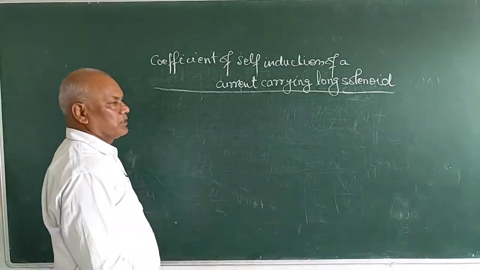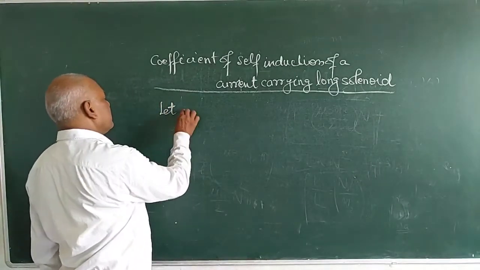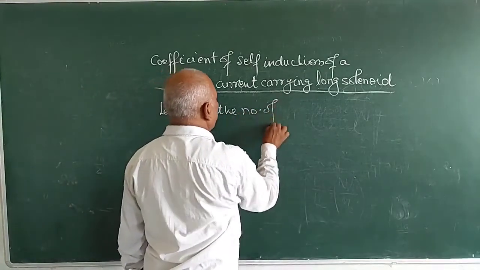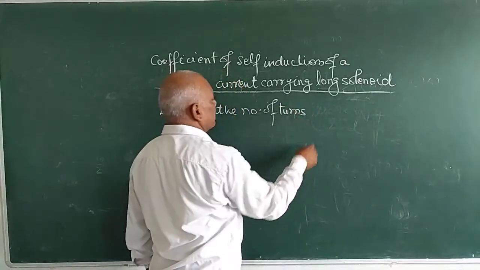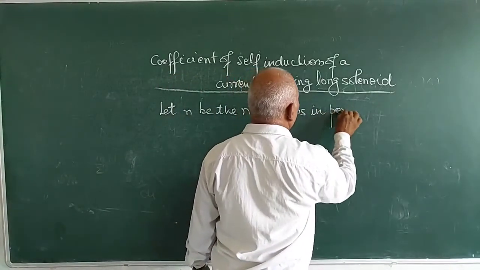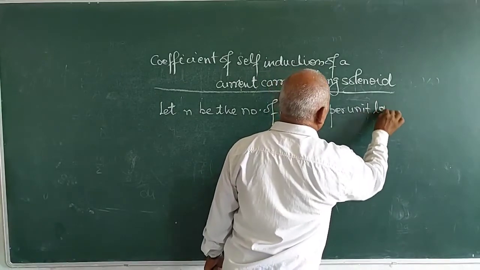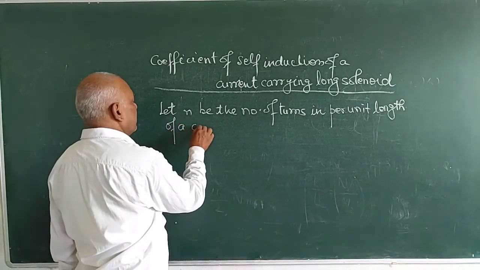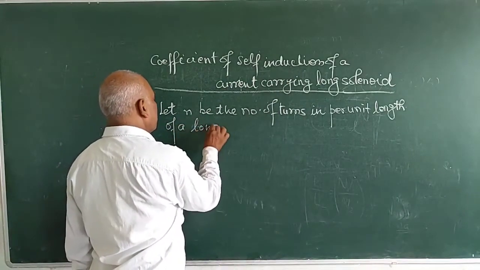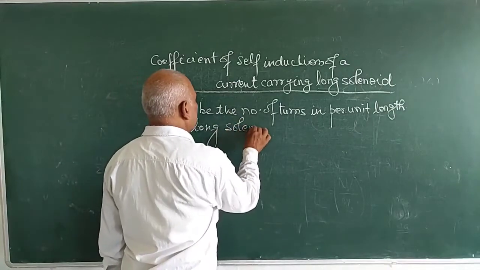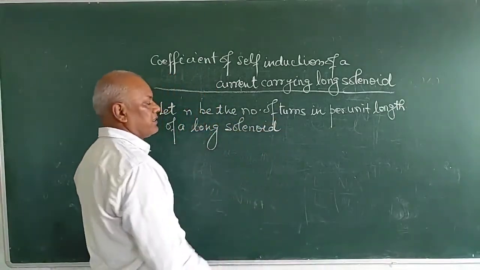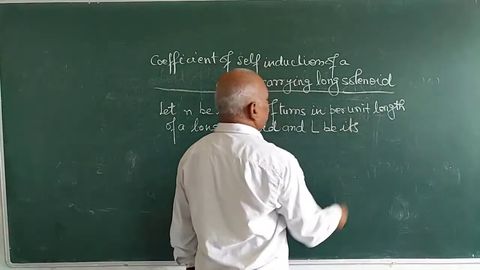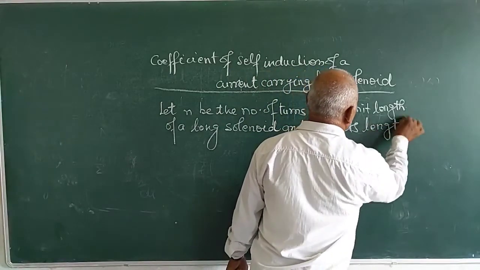Now suppose small n be the number of turns per unit length of a long solenoid and L be its length.